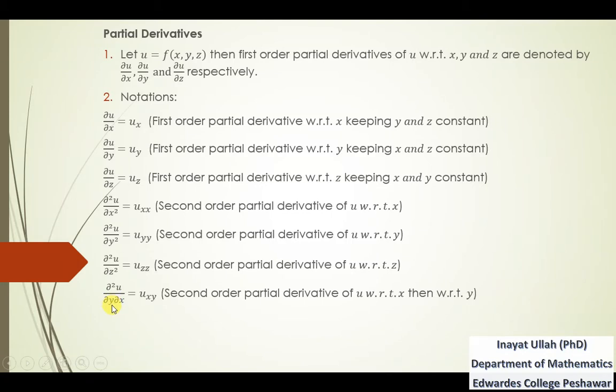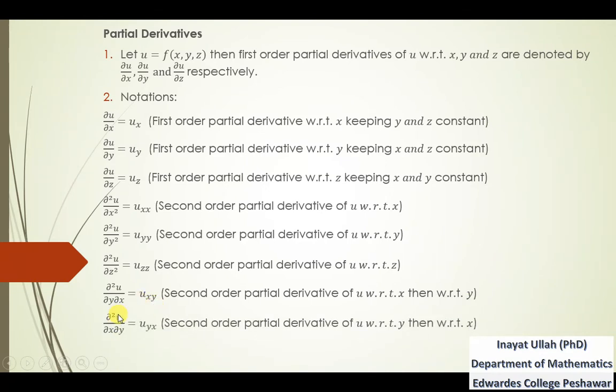We see here y is first and x is second, but to denote this second order partial derivative we write the variables in the reverse order, that is uxy. It means that u is partially differentiated with respect to x first and then with respect to y.